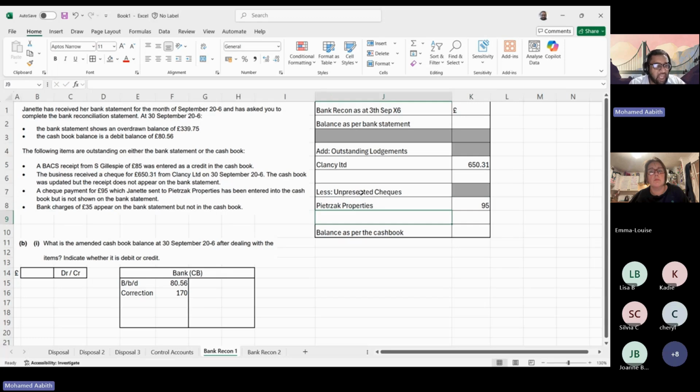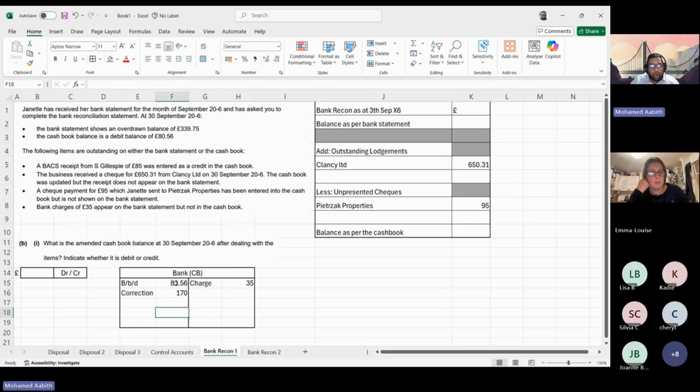And then they also say here, bank charges of £35 appear on the bank statement but not in the cash book. So this is something I need to update my cash book with. So here is a charge for £35. So what we now have to do is find a new bank balance.